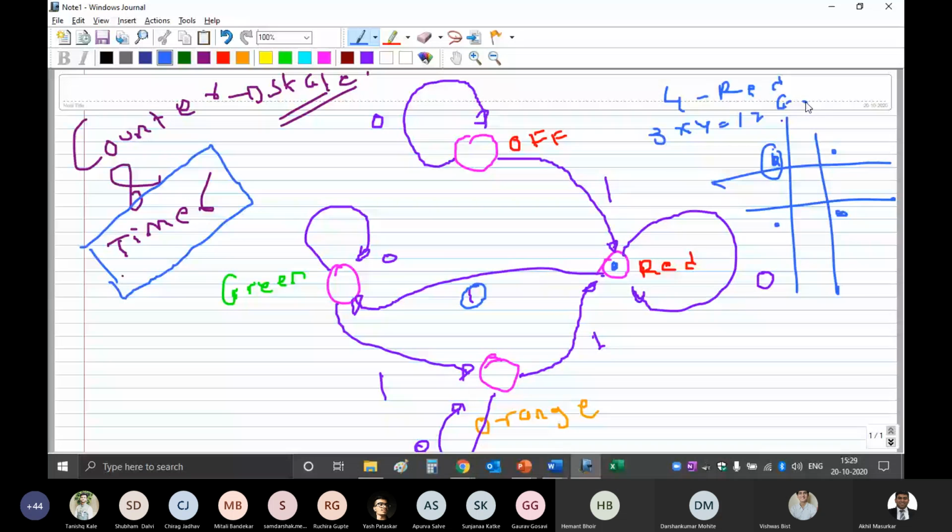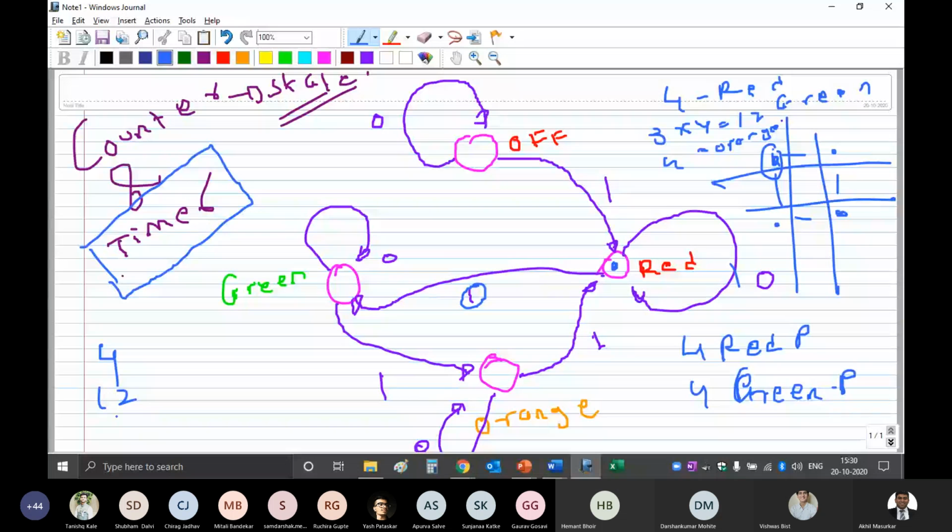And if there are 4 roads, pedestrians can cross. So we can have 4 reds for pedestrians and 4 greens for pedestrians. So in all, you can see 4 plus 12 plus 4 plus 4 plus 4. So that is going to be 24 plus 4. So in all, 28 signals, 28 states.